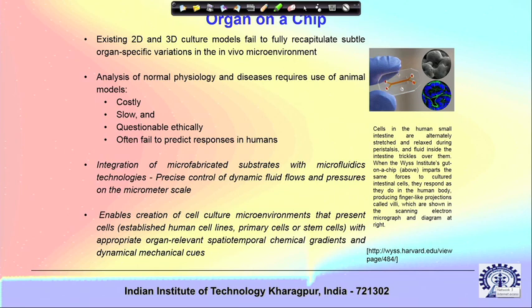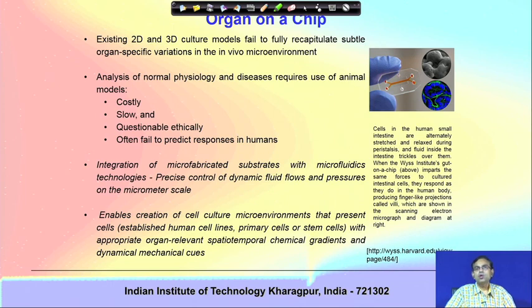So from the concept of cancer cell on a chip or cell on a chip, we go for organ on a chip, or maybe at least a tumor on a chip, where we construct or mimic an organ-like or tumor-like environment within the microfluidic device.